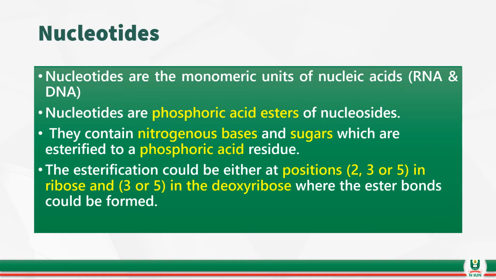That nucleotides contain nitrogenous bases and sugars, which are esterified to a phosphoric acid. That means they are joined to a phosphoric acid. This joining or esterification can be at position 2, 3, or 5 for ribose, and position 3 and 5 for deoxyribose.